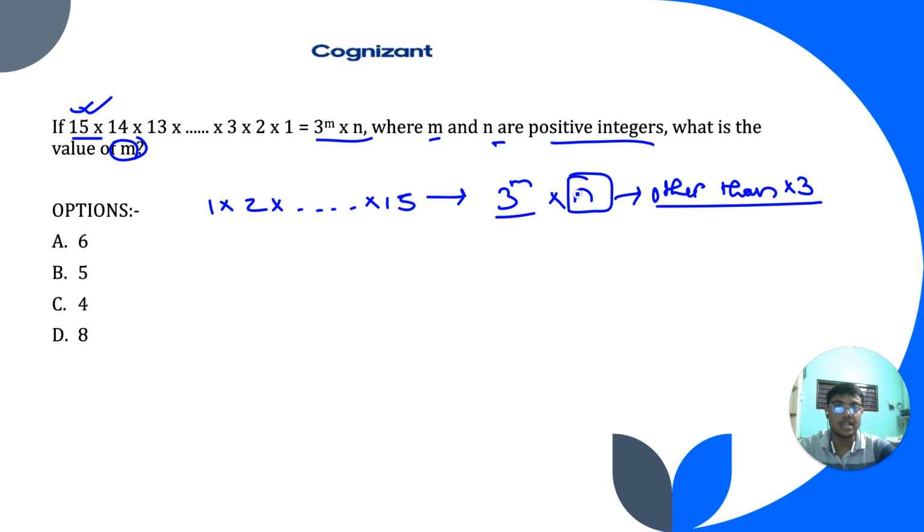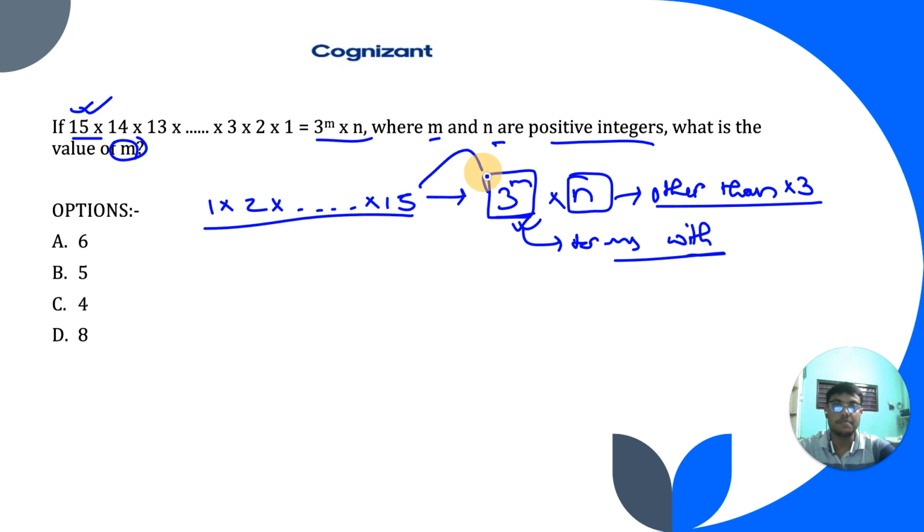So this particular term in the equation, that is 3 to the power m, would have all terms with 3. So any multiple of 3 that we have in this particular side would be represented by 3 to the power m.